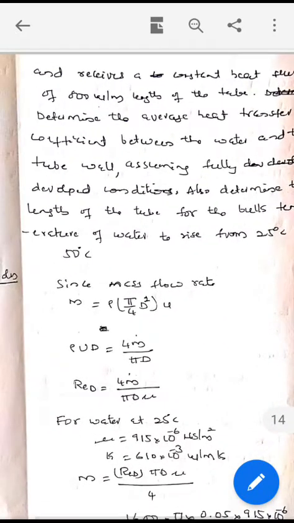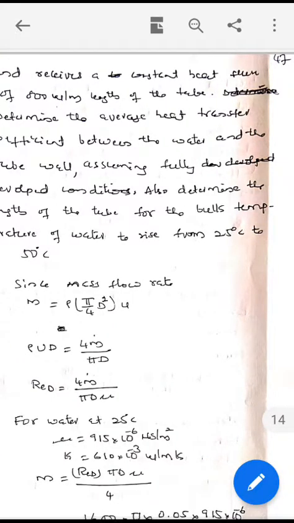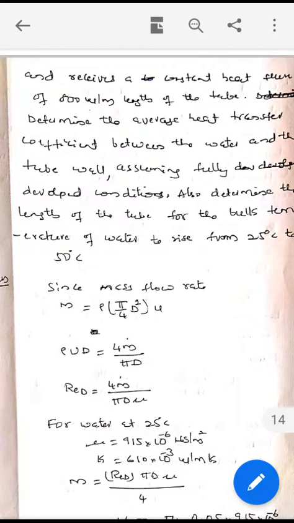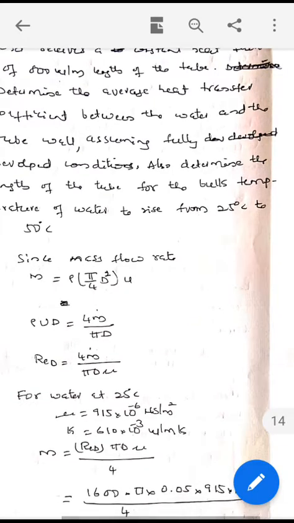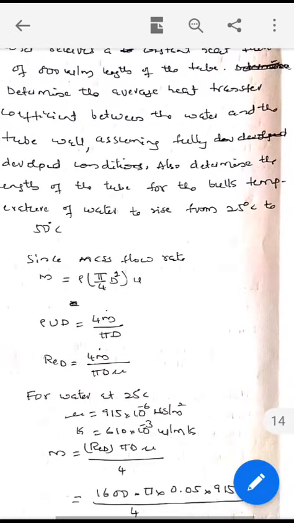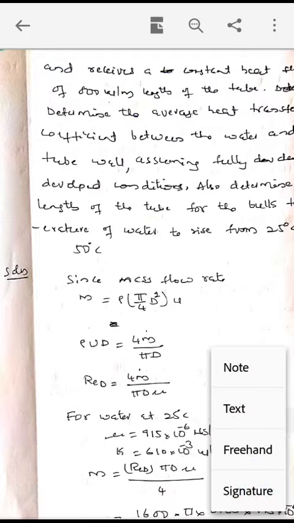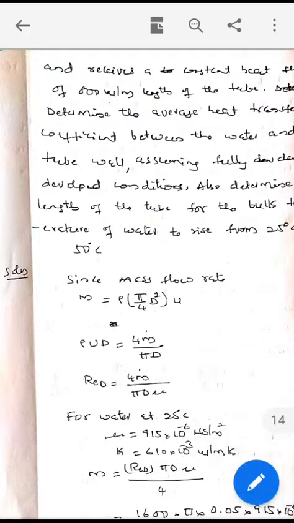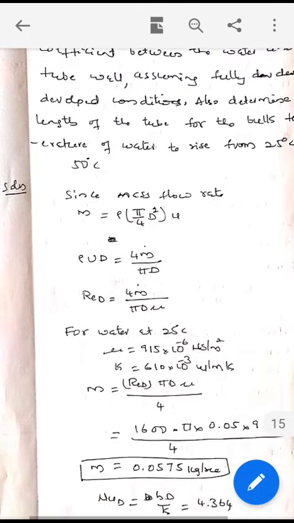Also determine the length of the tube for the bulk temperature of water to rise from 25 degree centigrade to 50 degree centigrade. So again, he has given the Reynolds number as 1600, it is less than 2300, it is a laminar flow.